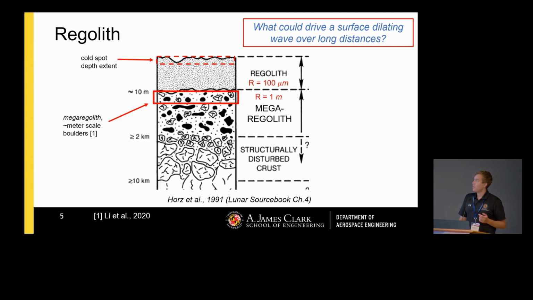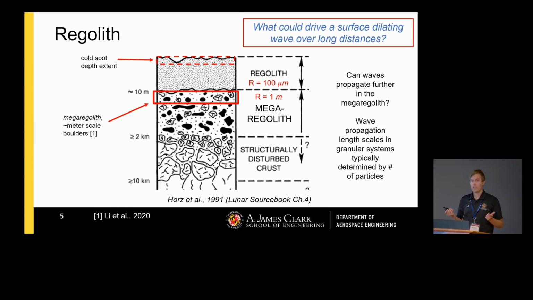So now what we're going to do is look at, in this region, kind of similar to how we did before, can energy propagate over large distances, because there's this property of wave propagation in granular systems that's a function of, say, particle number. So what I mean is, if a grain is 100 micron size and your energy is going to decay by the 100th grain, then in those small particles, that's like a meter.